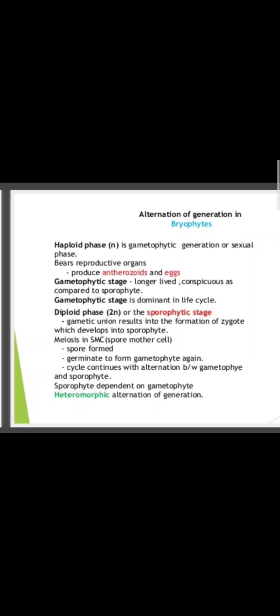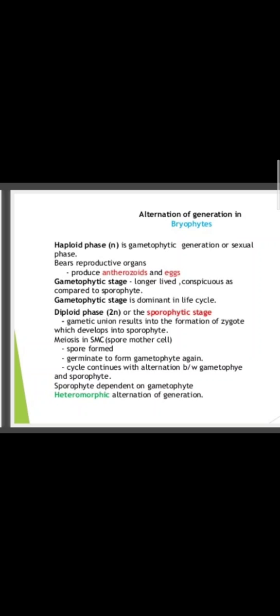First, the dominant phase is gametophytic, and the gametophytic plant body will produce gametes. Gametes are of two types, male and female. Their fusion will form a zygote. The zygote will form the sporophytic plant body.